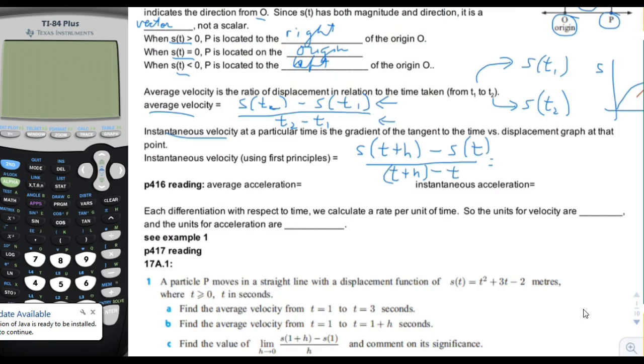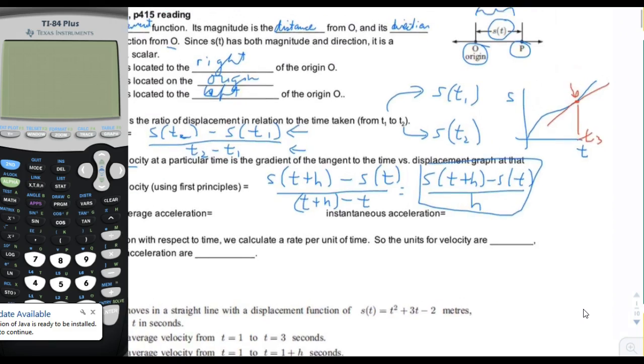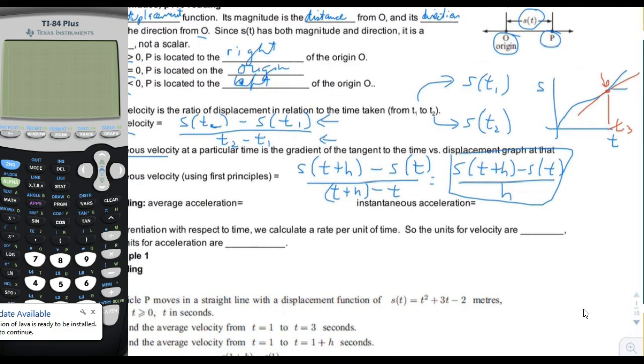This simplifies to S of t plus h minus S of t, divided by h, right? Because the t's cancel out. So that is the expression for instantaneous velocity, which is basically the gradient of this tangent line here.